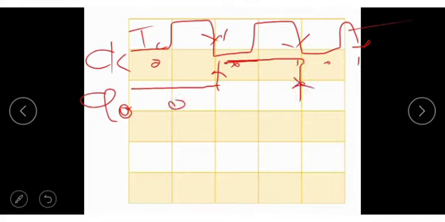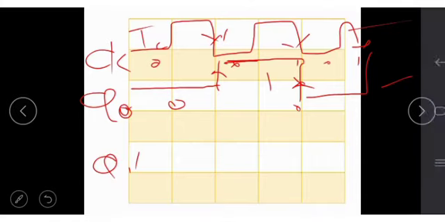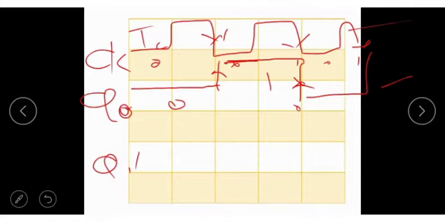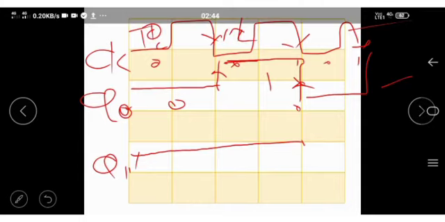Such that Q1 depends upon whether Q0 is low or high. Q0 is falling here: 0, 1, and 2.